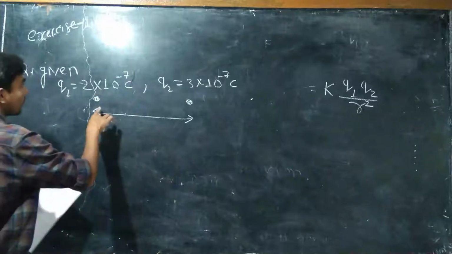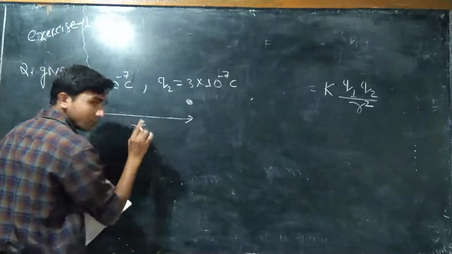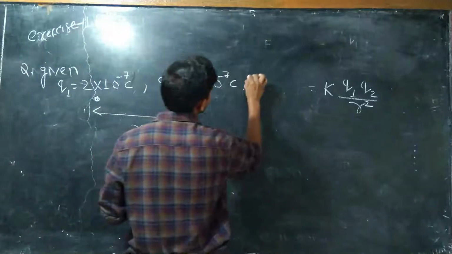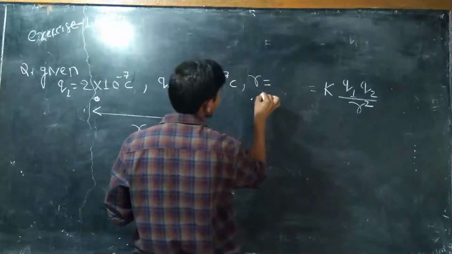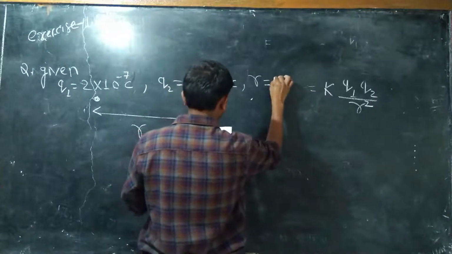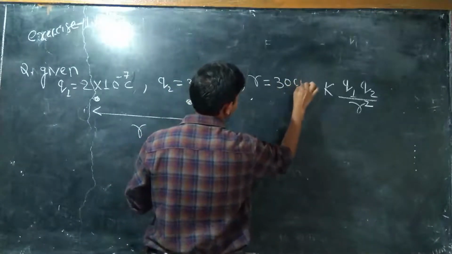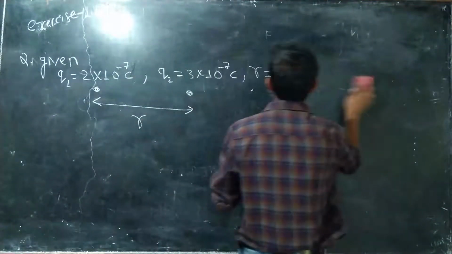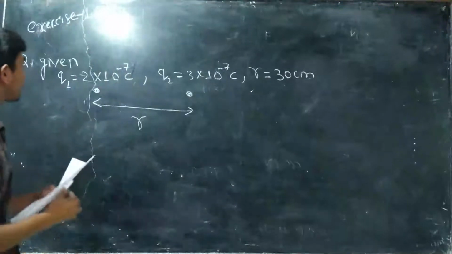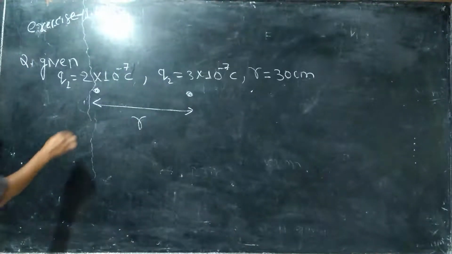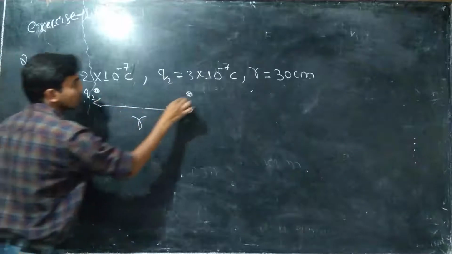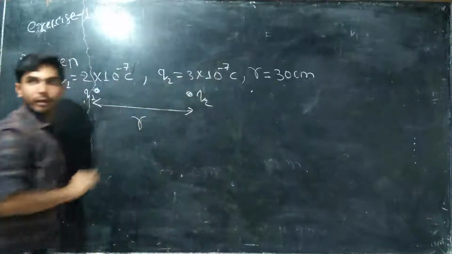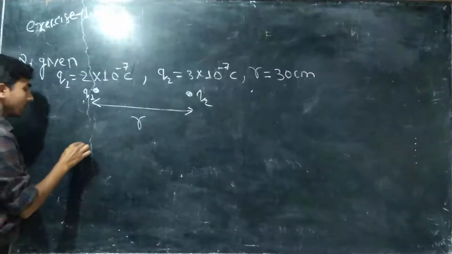The separation between these two, R, is given as 30 centimeter. So these are the data given in the question. Q1 is given, Q2 is given, R is given.